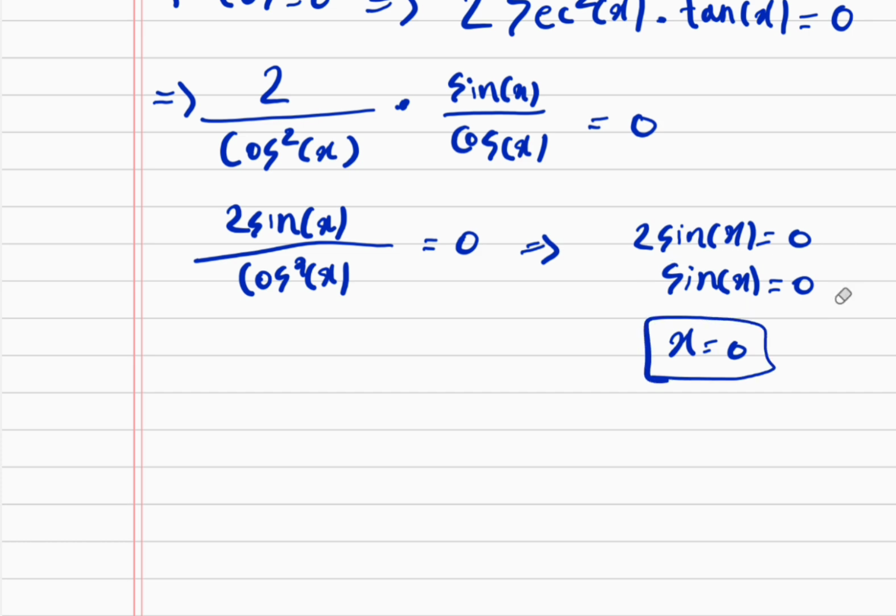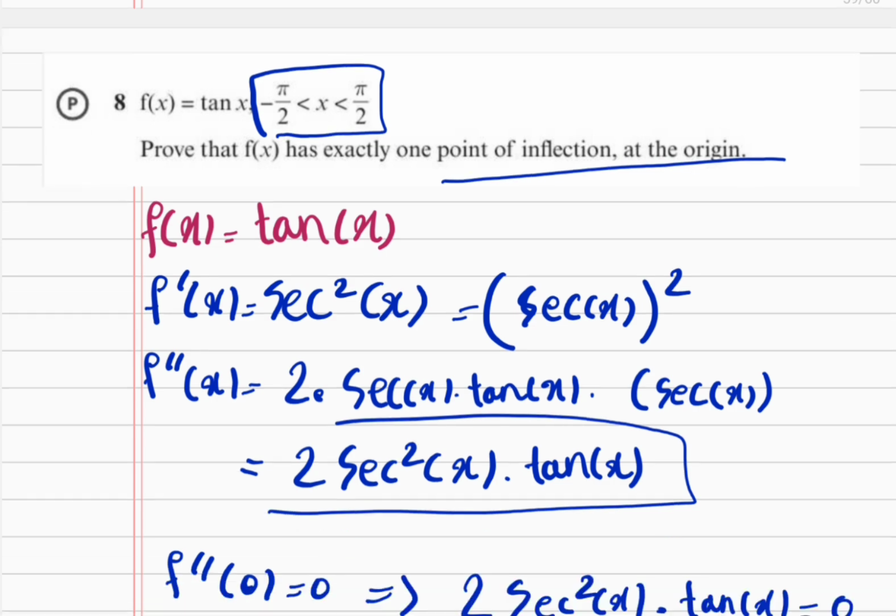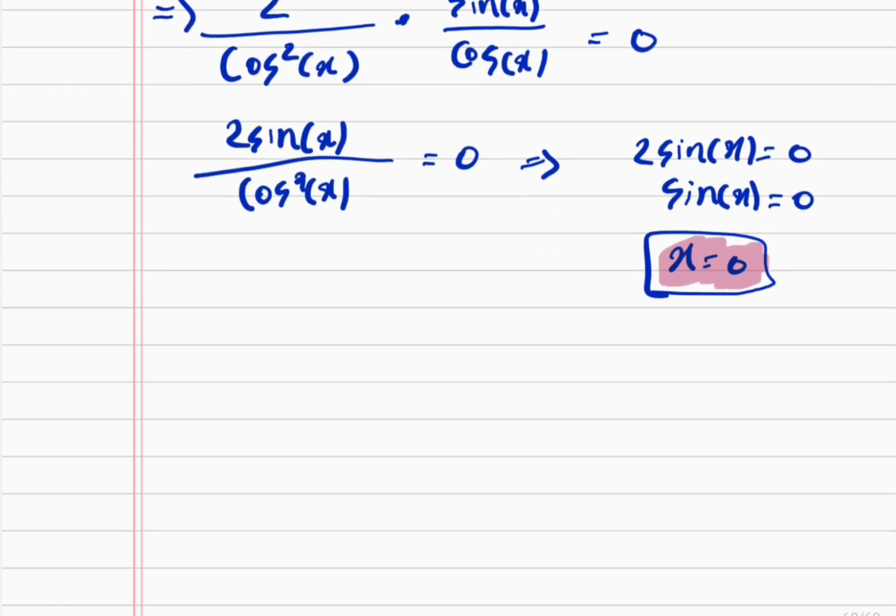So now this is the x coordinate of the point of inflection, or at least we haven't shown that yet, but we know it's ultimately going to be the x coordinate, because the question has basically told us that the point of inflection is the origin. So now we need to find a y coordinate and then prove that's the point of inflection at the end.